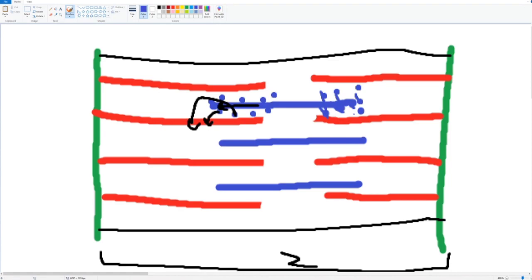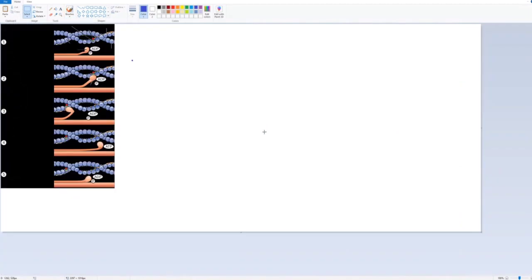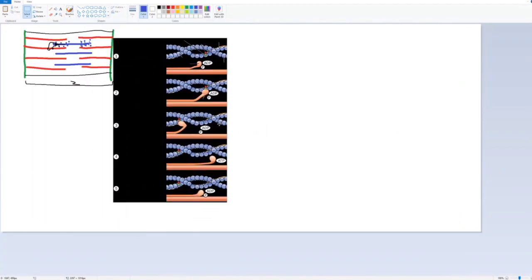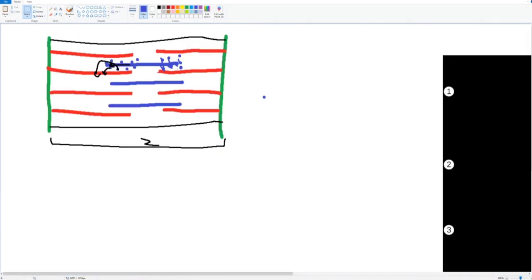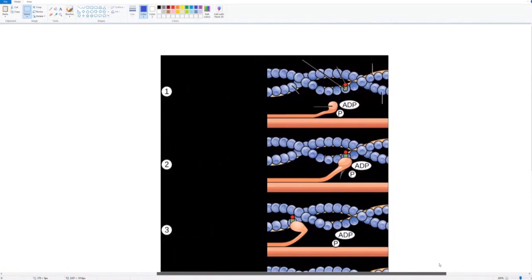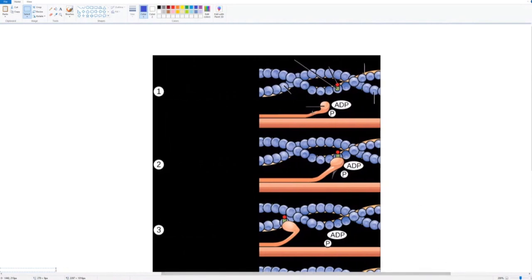So let me find a good diagram of the power stroke cycle. Here we go. Alright, so here, this is our myosin head. This is the active site where it is going to bind right here.